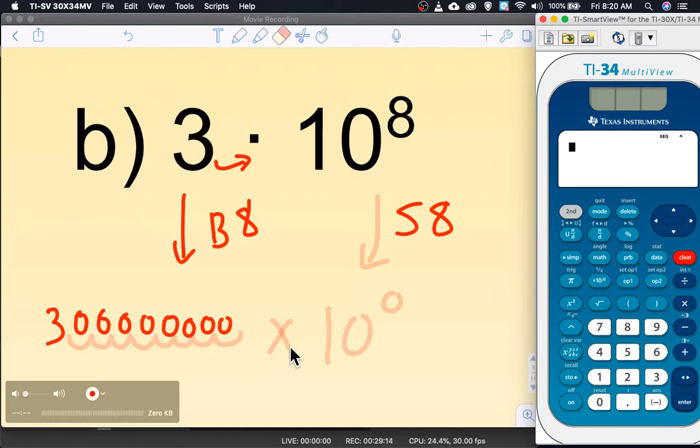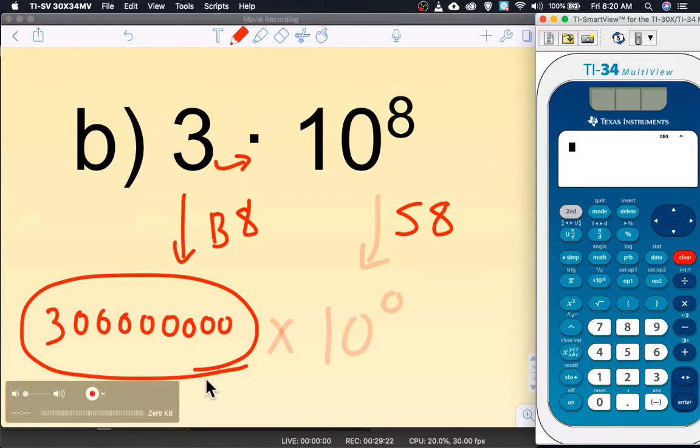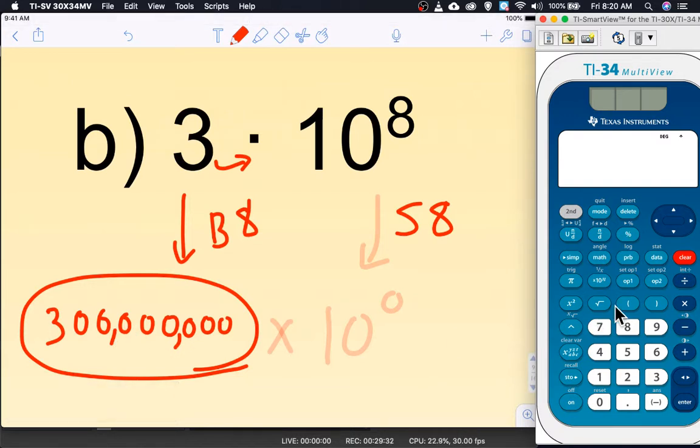Okay. And the last thing to do to make this look like good, proper standard form is add your commas. Starting from the end, 1, 2, 3, comma. 1, 2, 3, comma. So that is now the number 300 million in standard form.